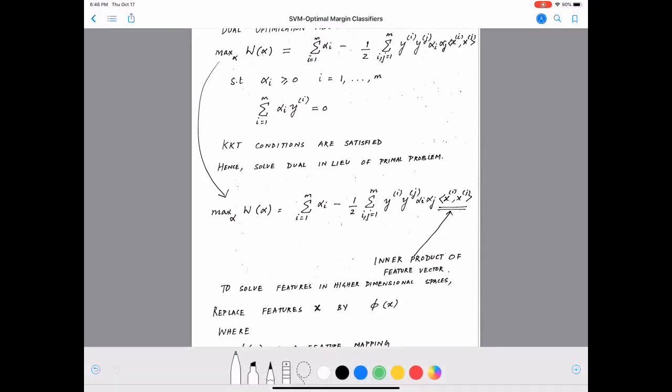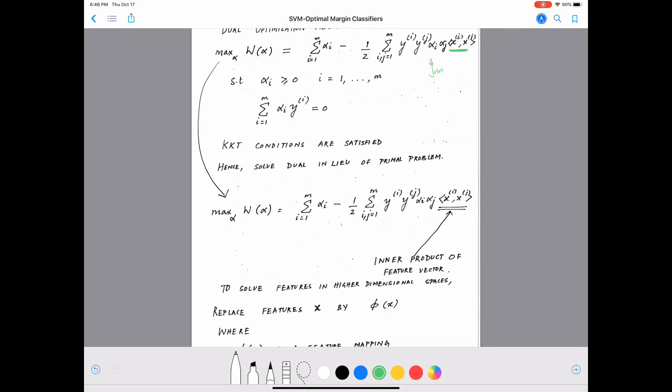Now we went to all this effort to solve the dual because we get this form, right here. So xi transpose xj can be written as an inner product.